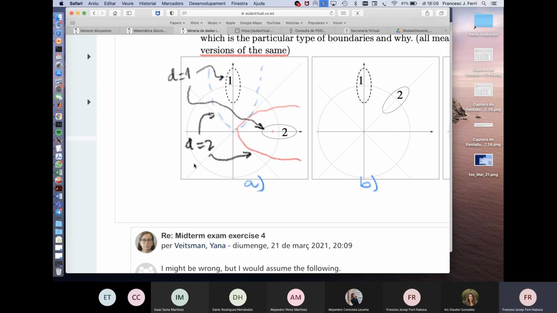Imagine that these Gaussians were like this, with unit covariance. In this case, this would be the exact solution.